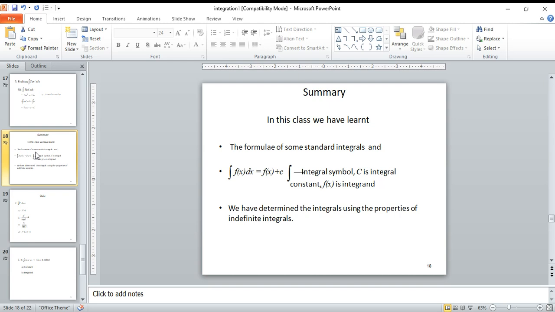Next, we determined integrals using the properties of indefinite integrals. Lastly, we solved some problems determining integrals using the properties of indefinite integrals.